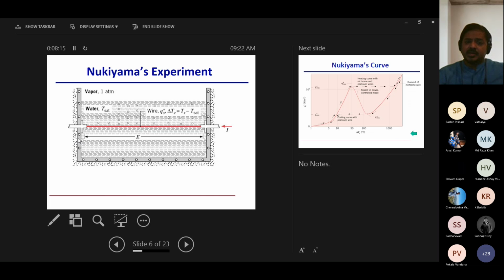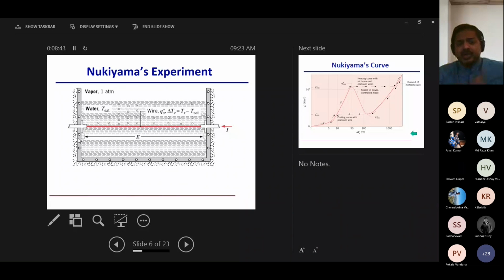Okay. So his was a power controlled experiment, not a temperature controlled experiment. Right? He was supplying power to the surface and slowly probably increasing the voltage, therefore the current will increase and the heat input and the I squared R losses will go up.